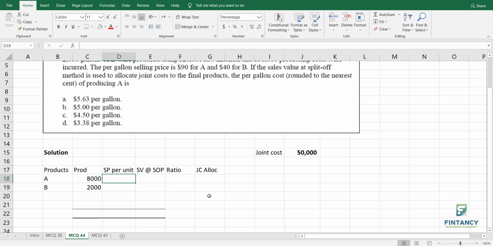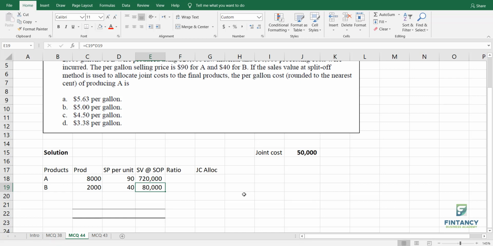So how much is the selling price for A? It is 90. And how much is the selling price for B? It is 40. Okay, I hope it's clear with everyone. It's 90 and 40. Okay, how to get sales value at split off? You will multiply this with this.